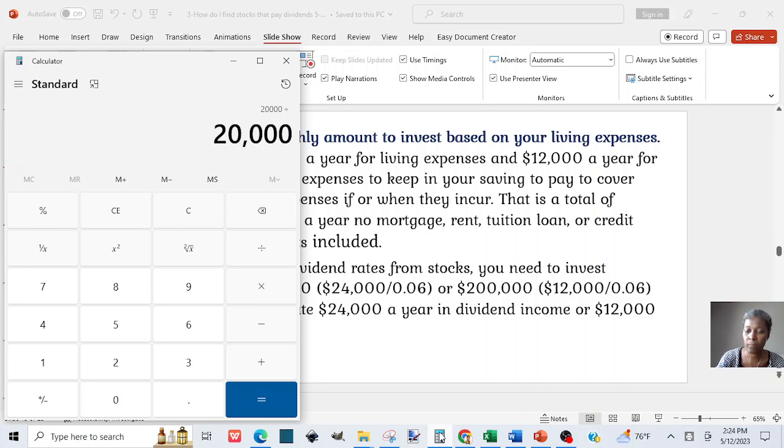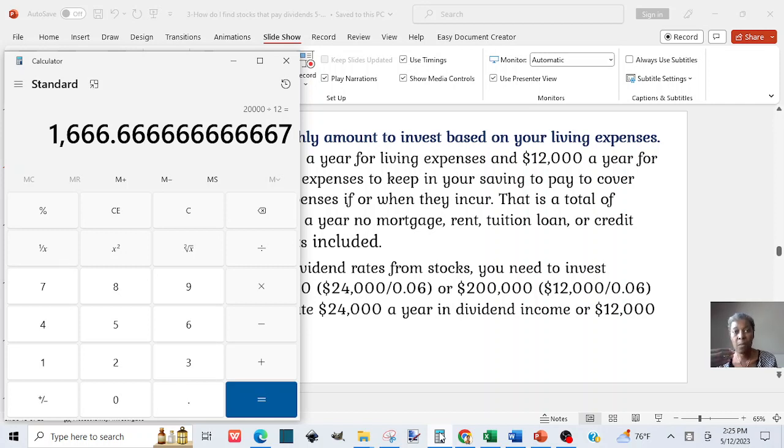Divided by 12, that means every month you need to invest $1,666.67 every month for 10 years to generate $12,000 a year in dividend income.